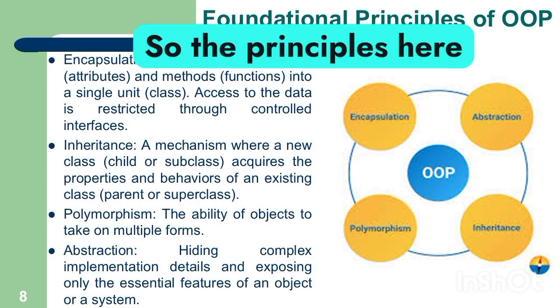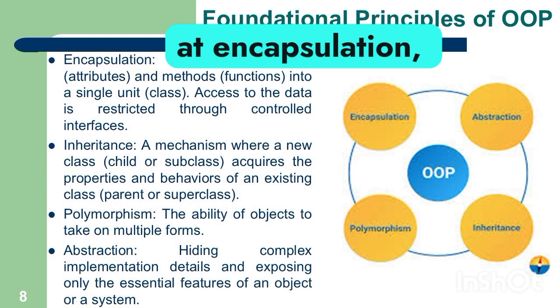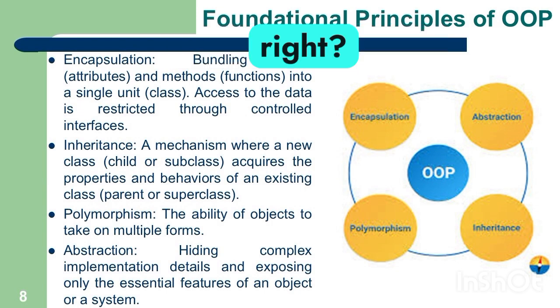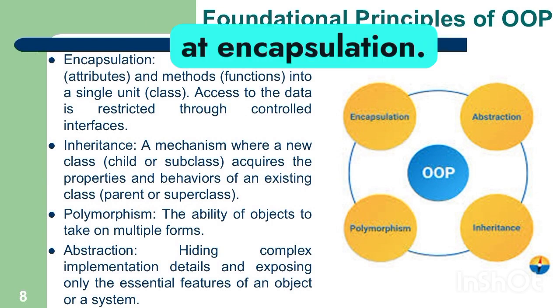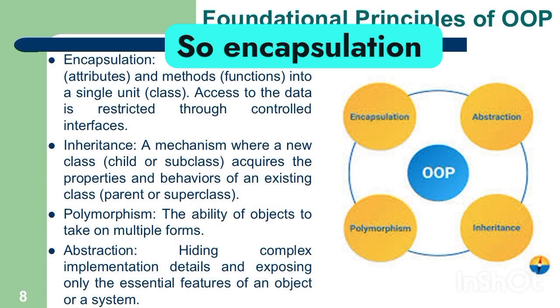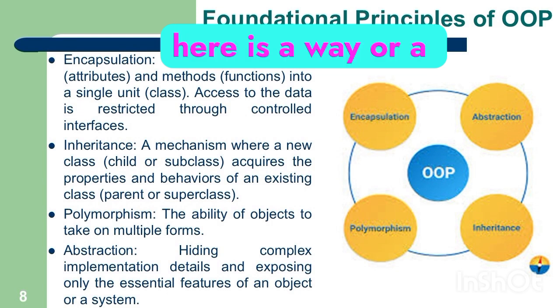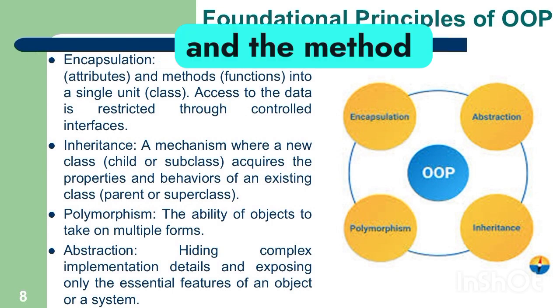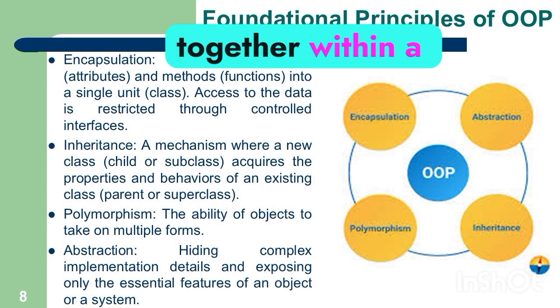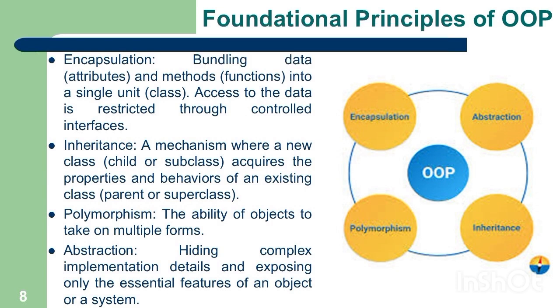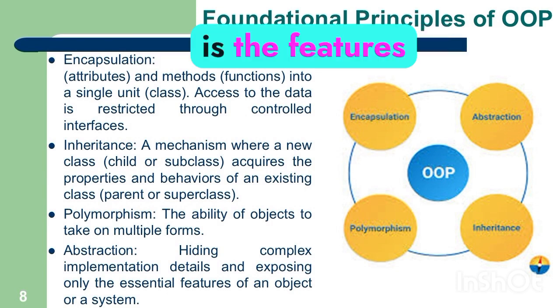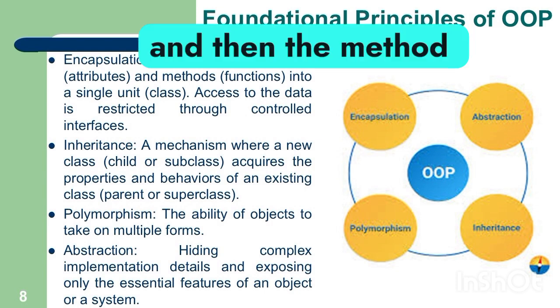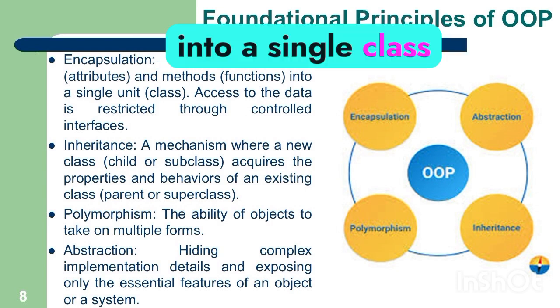So the principles here, we are going to look at encapsulation, right? Encapsulation here is a method in which you combine both the attributes and the methods together within a single class. Both the attributes, that is the features, and the methods in a single class.